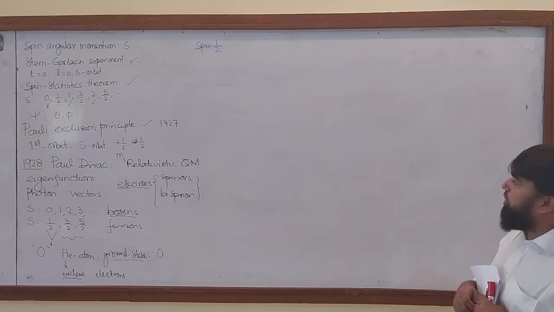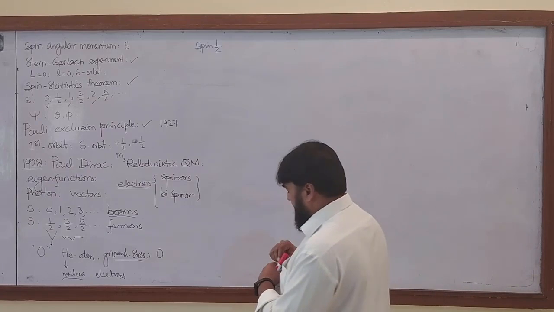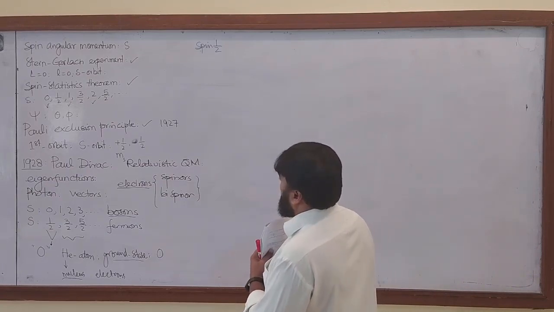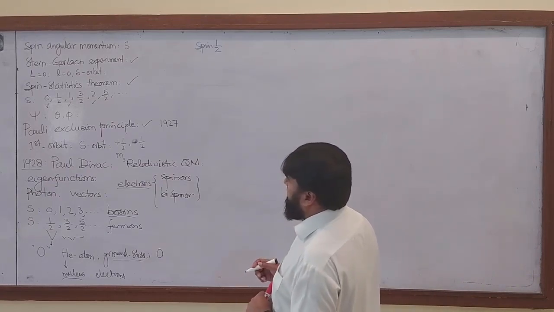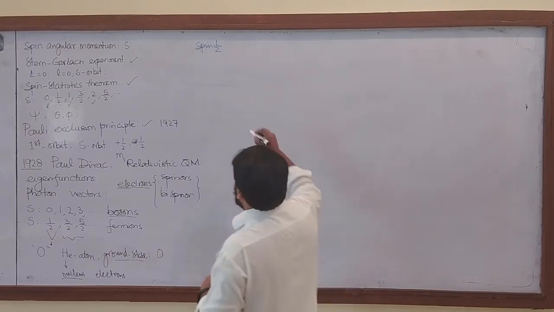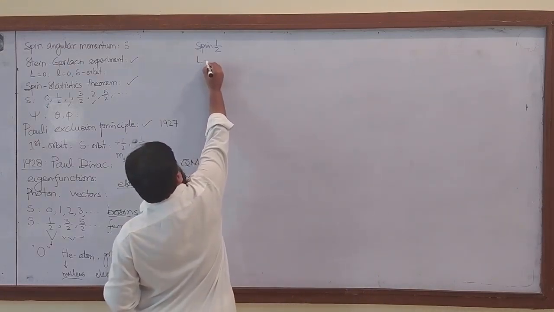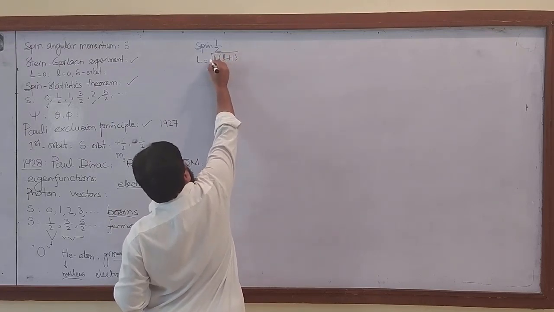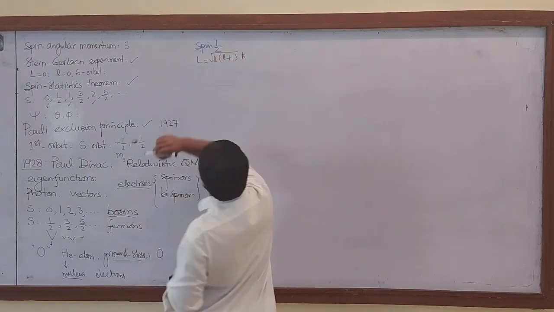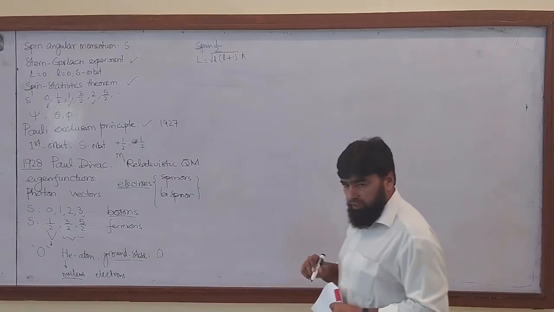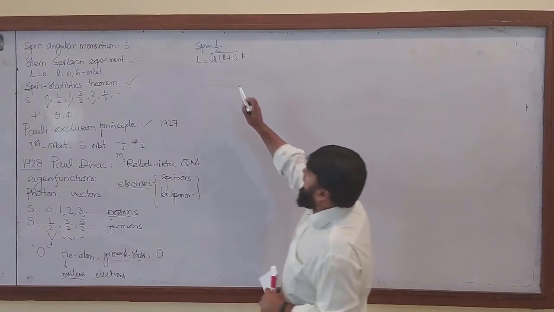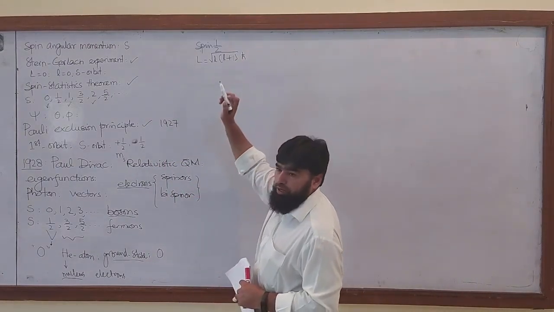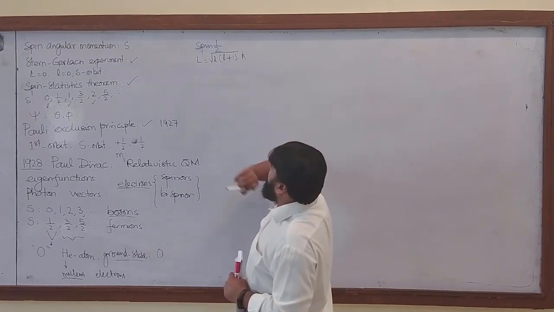You will have to keep a few things in mind. We have the angular momentum, as I have written earlier: L squared is L into L plus 1 times h bar squared. So L is this one.